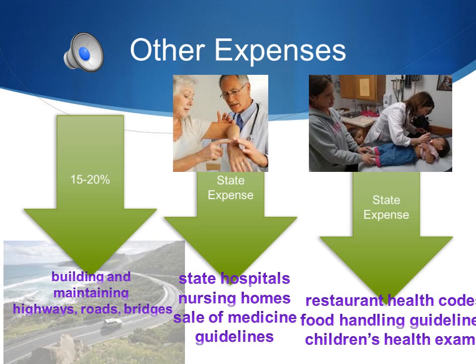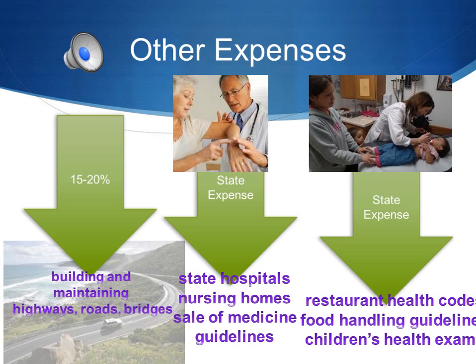Some state expenses go into general administration, including salaries and benefits for state employees and maintenance of office buildings. The state police force provides protection in law enforcement. There's state police that assist in crime prevention. There's expenses in handling civil and criminal cases, so states have several prisons as well.